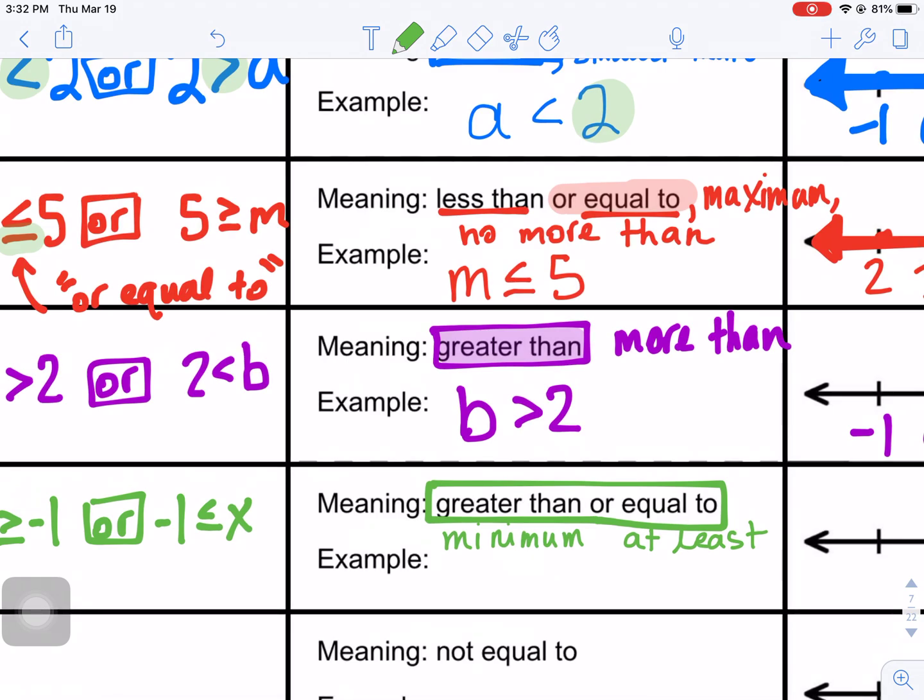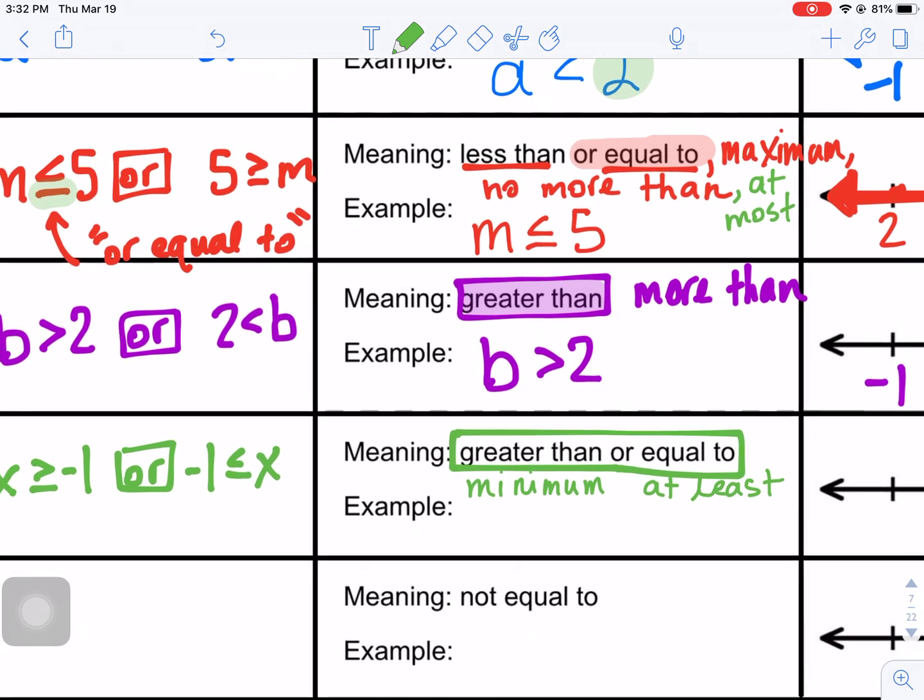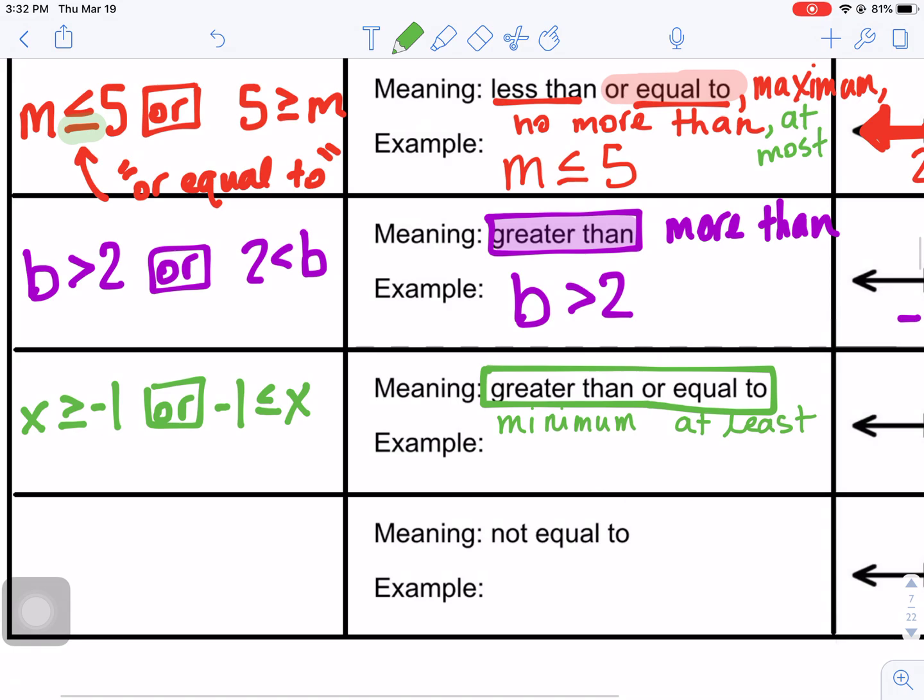We could actually add one more up here: at most. You might also hear more than or equal to. That's a little less common.